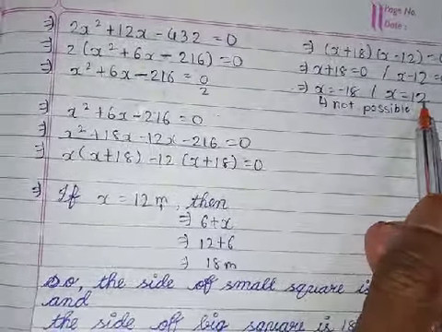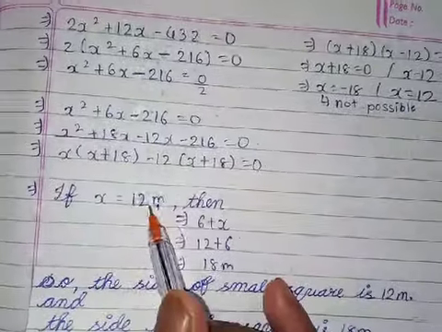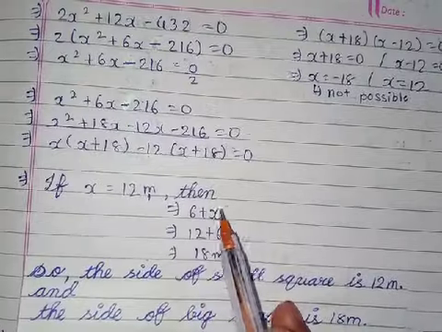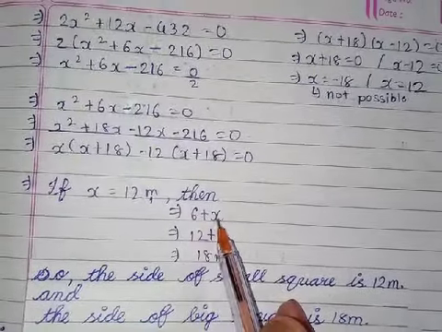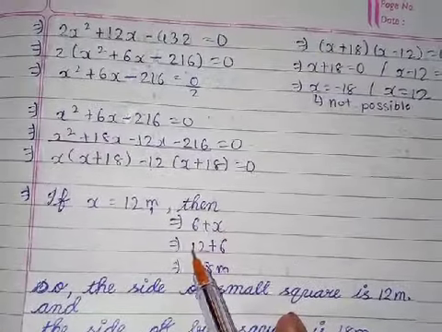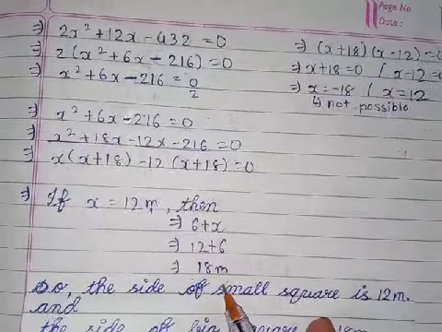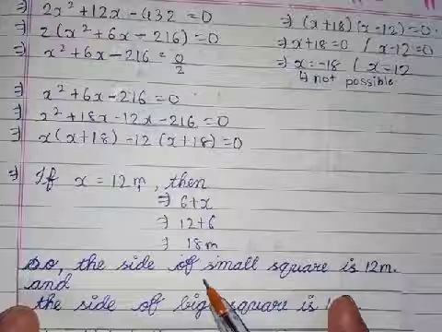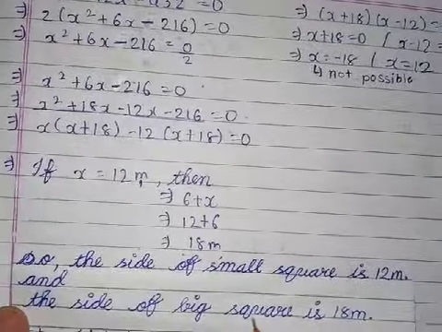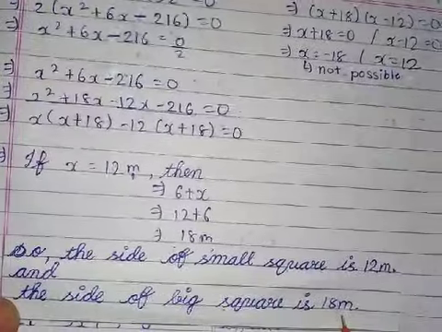So x is equal to 12. The other side will be x plus 6, so it will be 12 plus 6, which is 18 meter. So the side of the smaller square is 12 meter and the side of the bigger square is 18 meter.